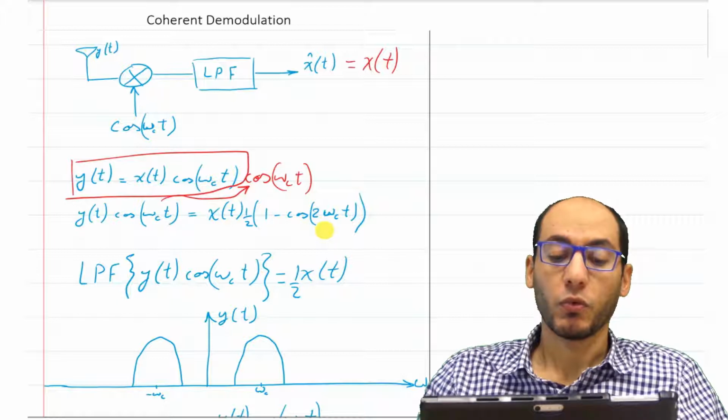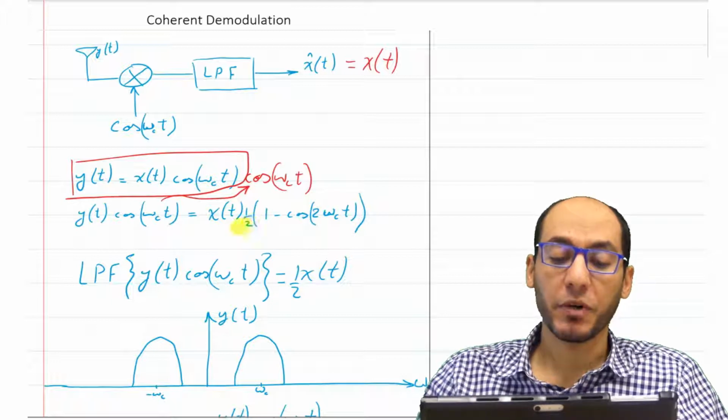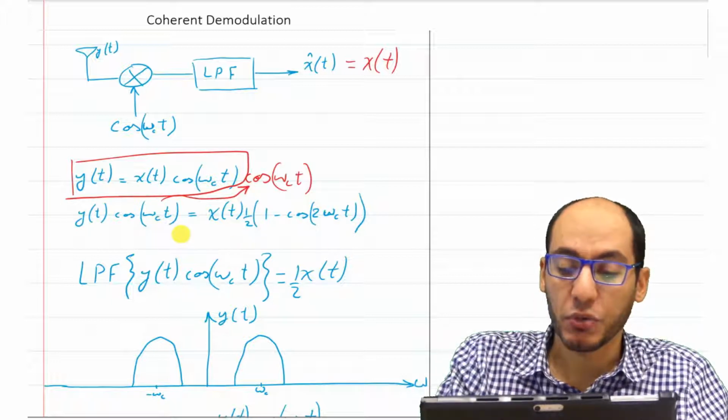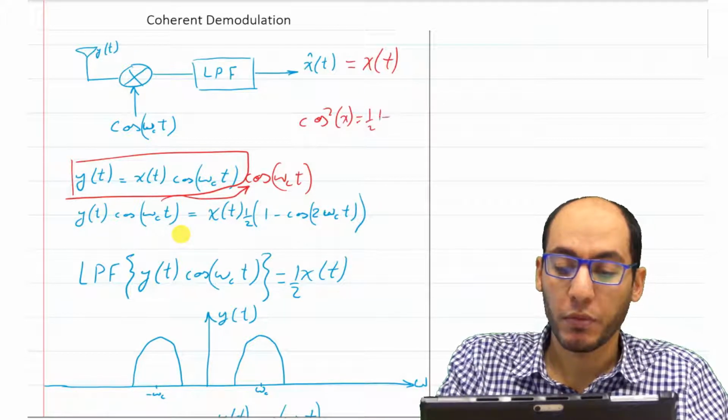Where does this come from? It comes from the properties of cosine squared: cosine squared x is equal to half of 1 plus cosine 2x.